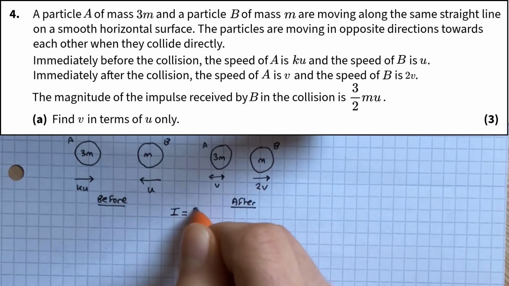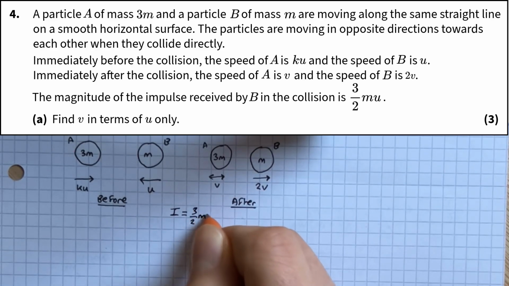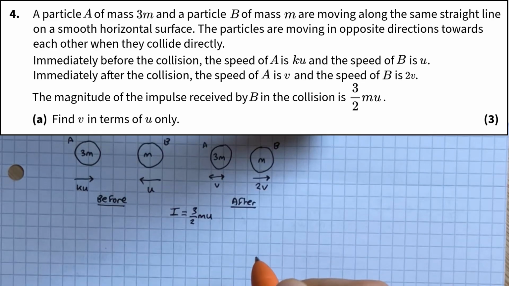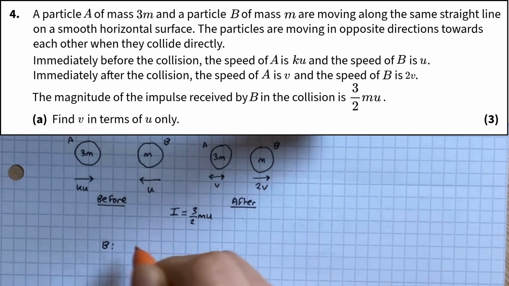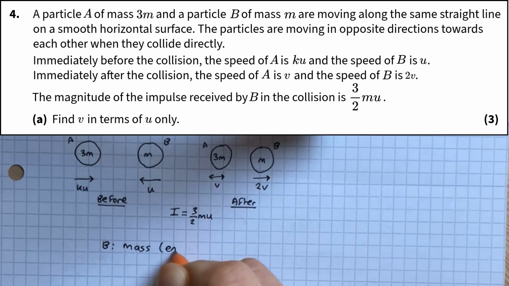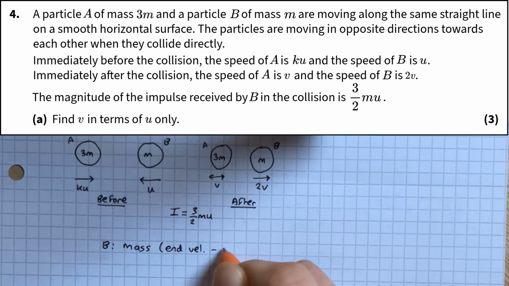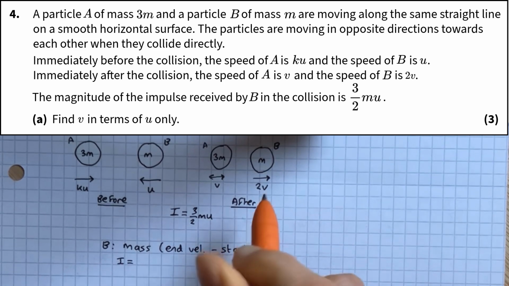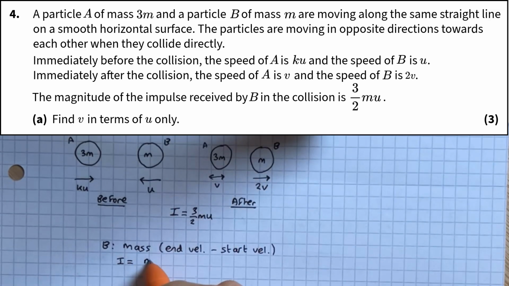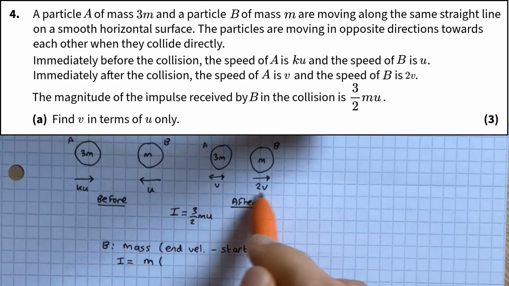As in the last question, I'm going to consider some impulses. We're given that the impulse is 3/2 mu. So if I consider the particle B, well, the mass is going to be m. So we can write that in the formula. The end velocity will be 2v.